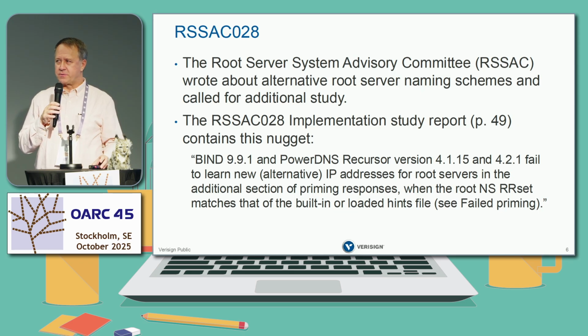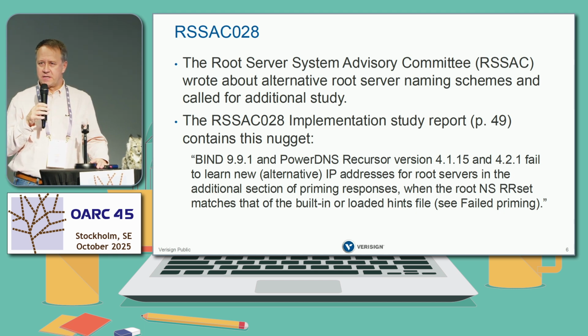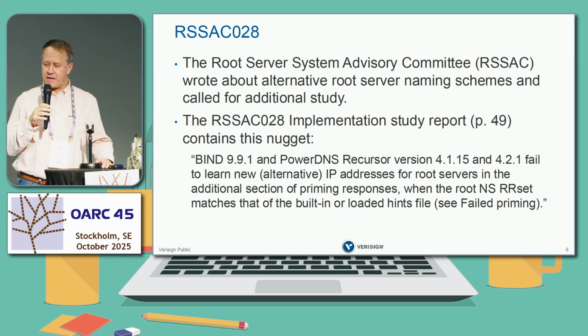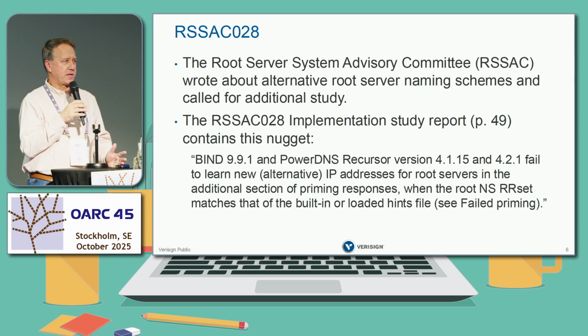The Root Server System Advisory Committee has been talking about a topic since about 2015, 2017 of changing the names of the root server addresses. This is something RSSAC worked on for a couple years. In 2017, they wrote this document, RSSAC 028. It had a recommendation for further study on the topic.